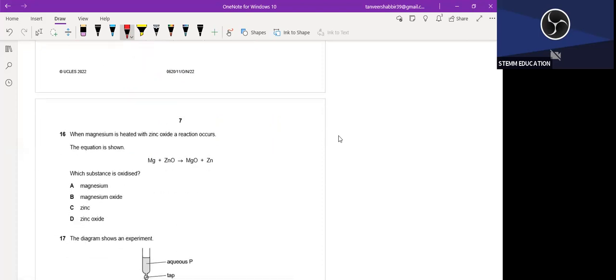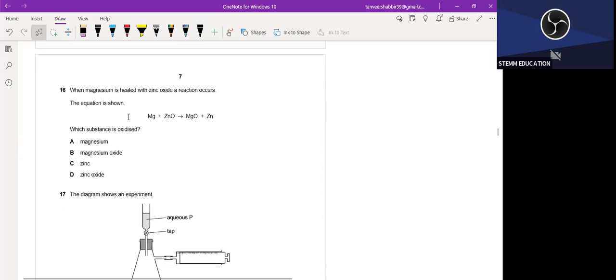Now, when magnesium is added to zinc oxide, a reaction occurs. The reaction equation is shown: magnesium plus zinc oxide.